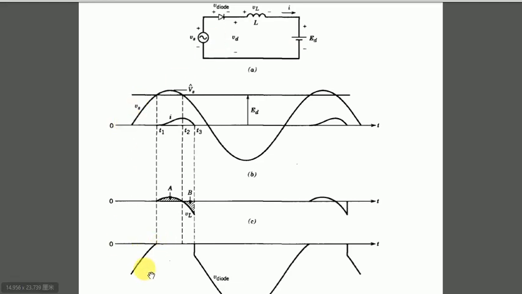The voltage across the diode is negative because this is at a higher potential compared to this one, so if we take the difference of these two, we have a negative number. Gradually the source voltage approaches the Ed value, and at this point they become equal to each other. The difference becomes zero. Once this becomes higher than this one, the diode starts conduction.